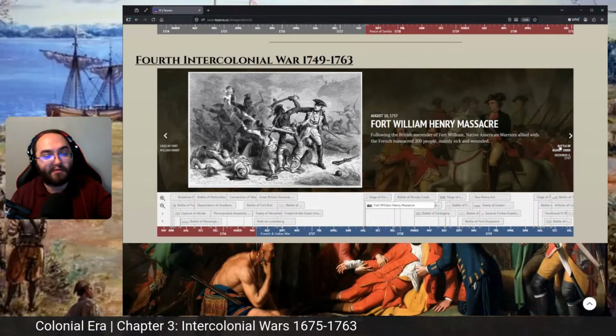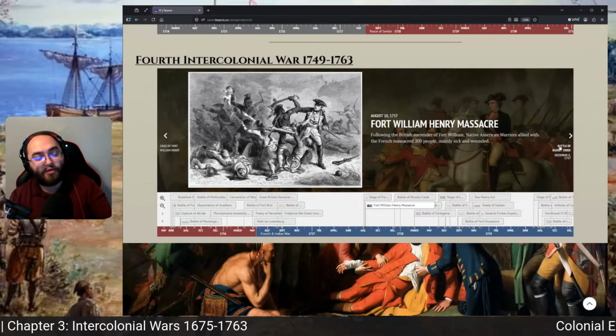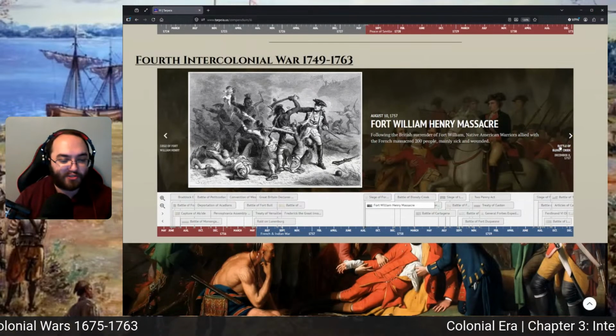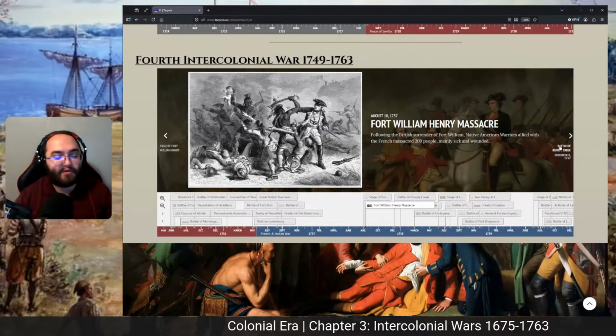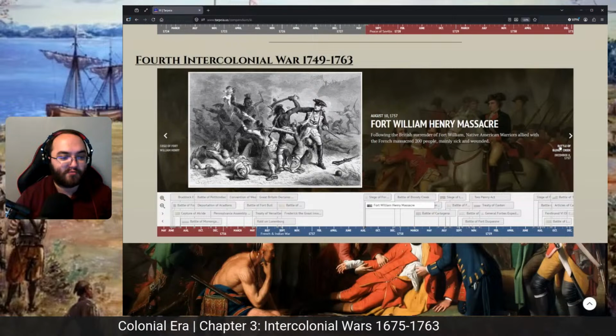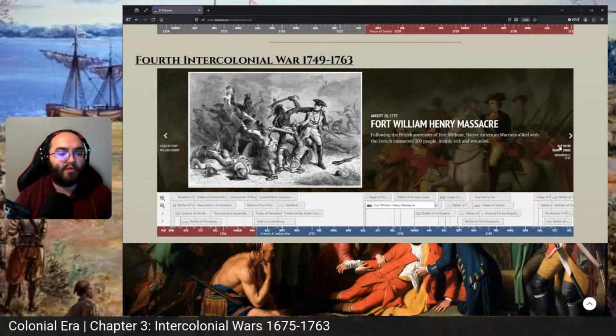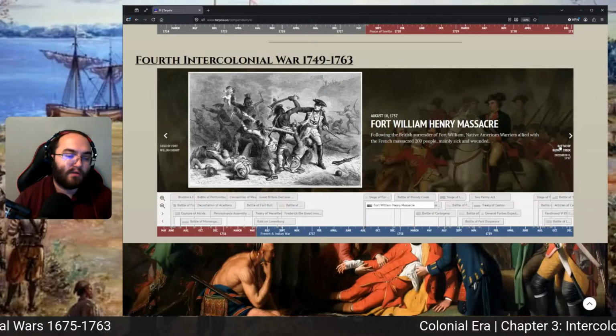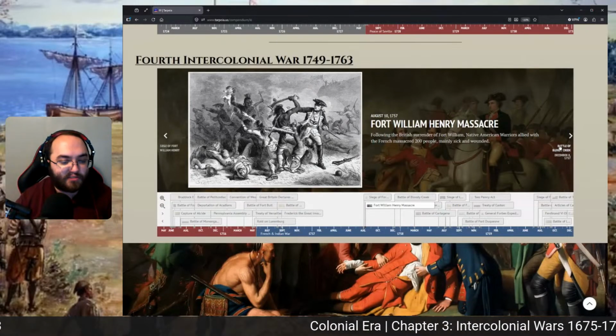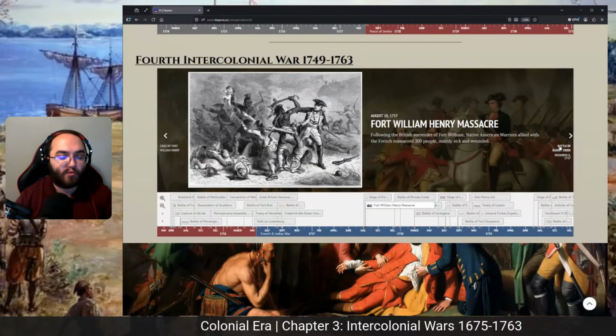So the Native Americans allied with the French kill the British who had just surrendered to the French. We don't have any primary sources from the Native Americans themselves explaining exactly why they committed this massacre, killing 200 people, and a lot of them were civilians who were just at the fort.